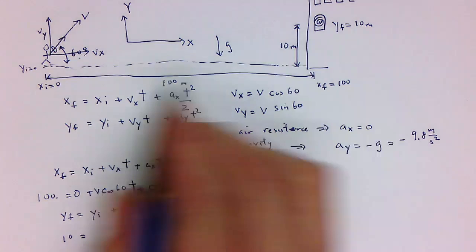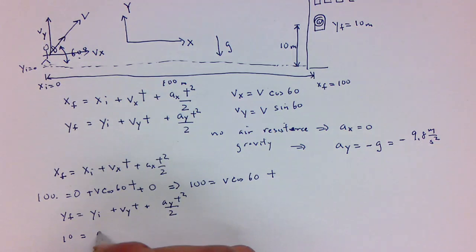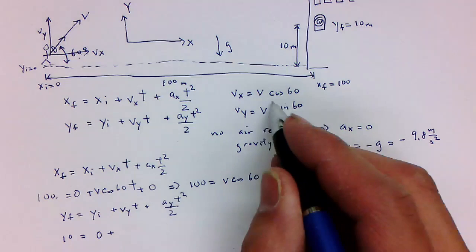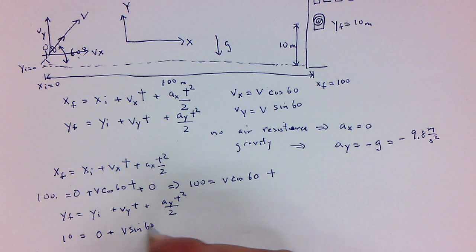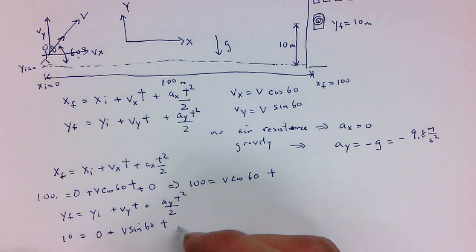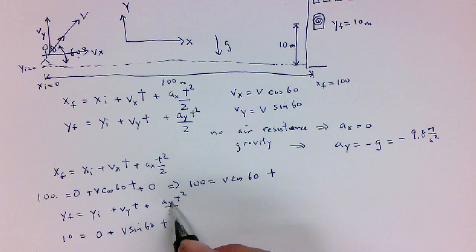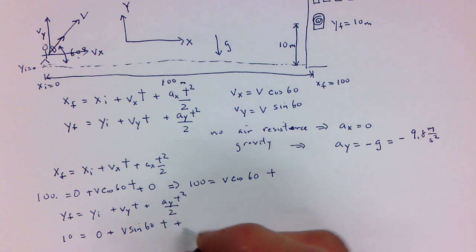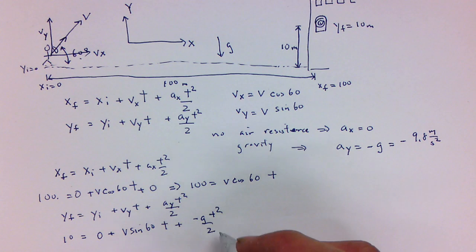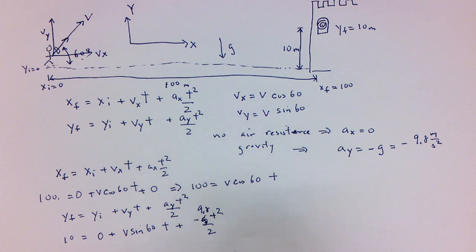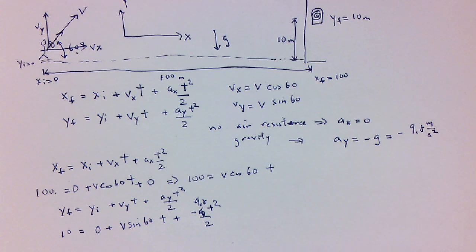That's equal to y initial, which is 0, plus vy, which is just going to be v sine 60 times t, which we don't know yet, plus ay t squared over 2. Well, what was ay? Ay is minus g, so this is actually going to be minus g t squared over 2, and minus g is just 9.8 meters per second squared, if we want to keep it simple.